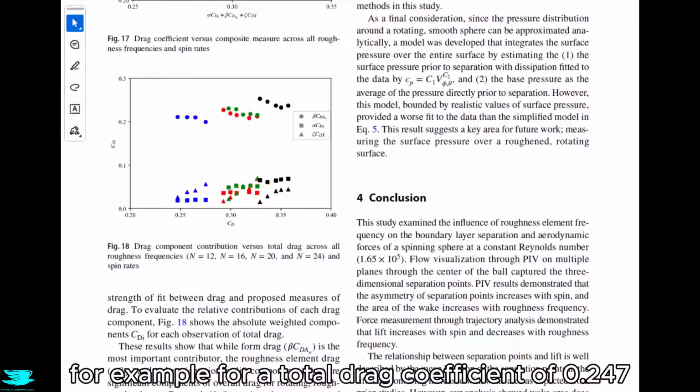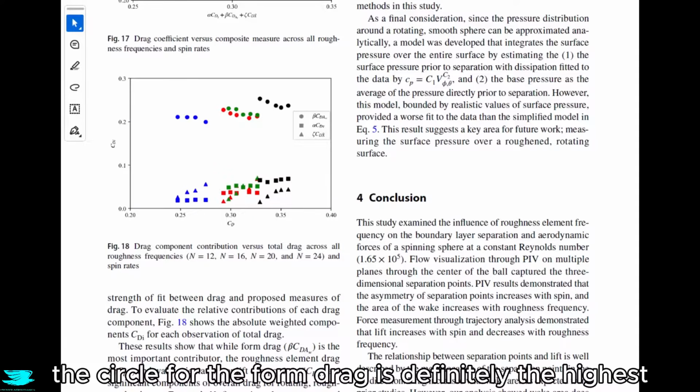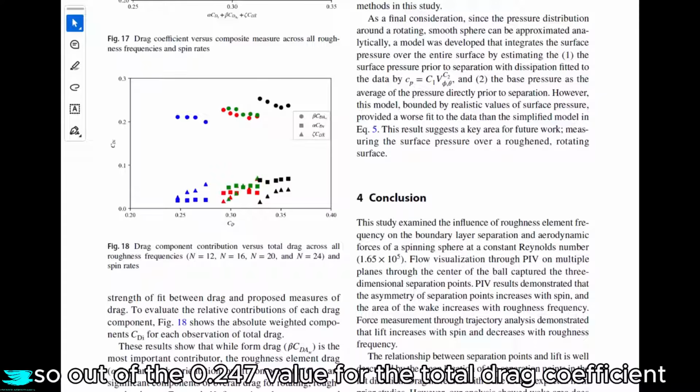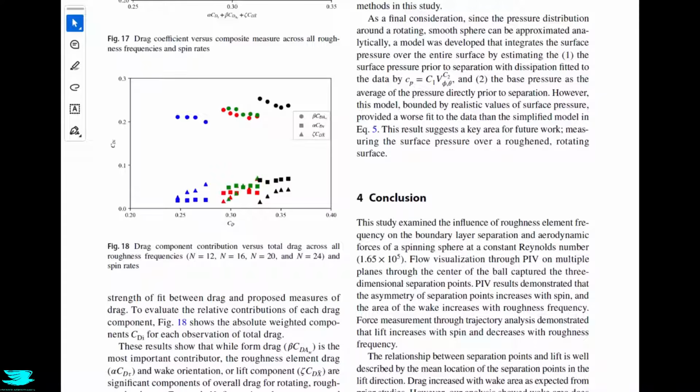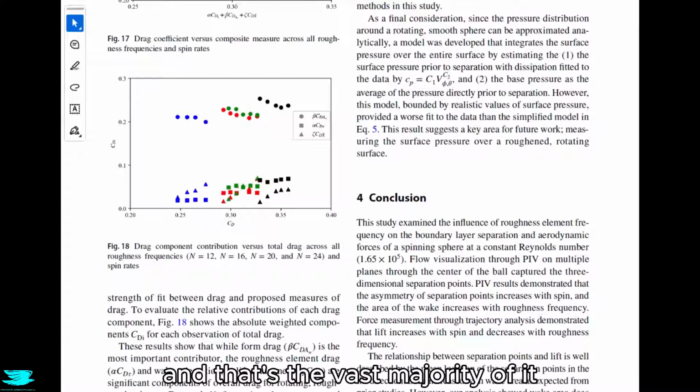For example, for a total drag coefficient of 0.247, so the lowest one, the three blue dots show that the top, the circle, for the form drag is definitely the highest. It's at around 0.21. So out of the 0.247 value for the total drag coefficient, 0.21 of that is pretty much just the form drag, and that's the vast majority of it.